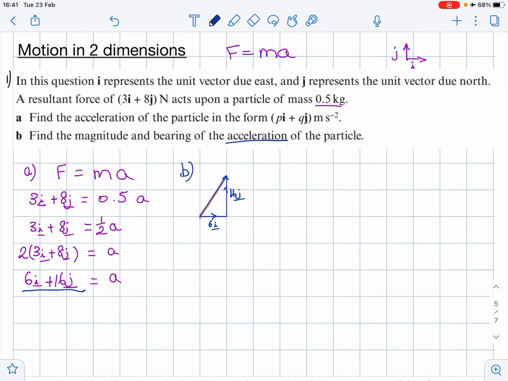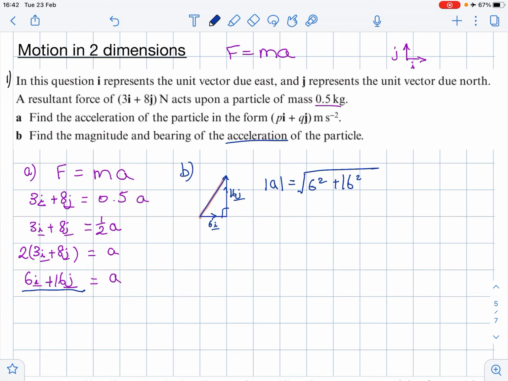To find the magnitude of the acceleration, remember from before, this is how we write our magnitude. This is just another Pythagoras question, because this is a right angle. So it would be the square root of 6 squared plus 16 squared.